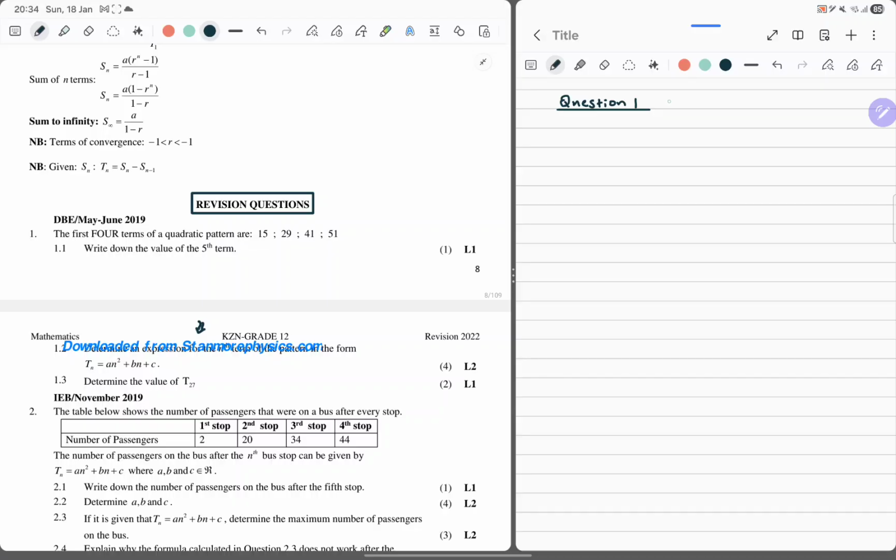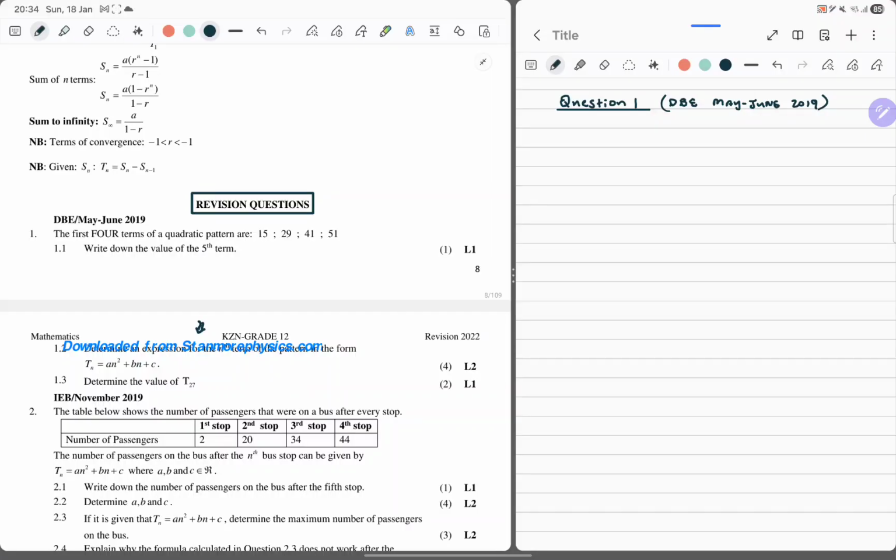Right, so this came from DBE, May, June, 2019. Again, this is the reference of the question, meaning one can go and download this paper and enjoy the rest of the questions in that paper as well.